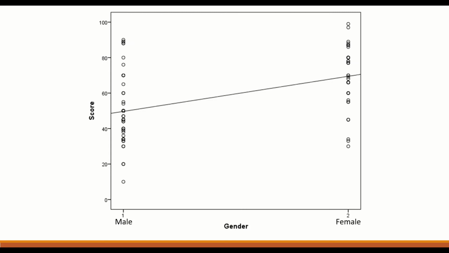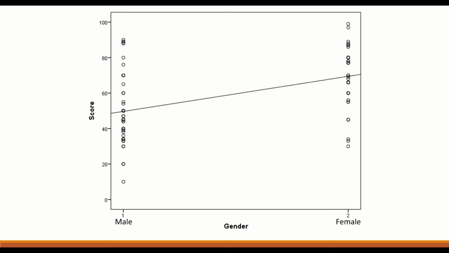So that is how to use the Point-Biserial correlation coefficient to look at two categories and the correlation between them, when one of the variables is discrete dichotomous and the other one is continuous, which is the score.